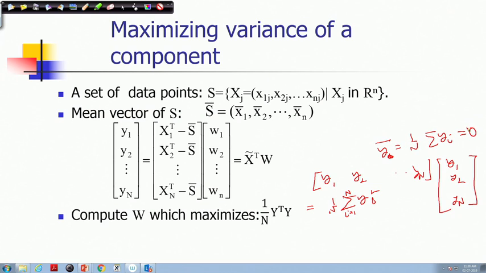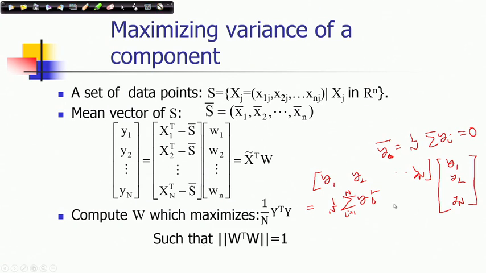And effectively, we are finding the variance of the components, and we would like to get W which maximizes this particular factor. There is a constraint on W we have already mentioned, that it has to be a unit vector. So, we should have the norm of W equal to 1.